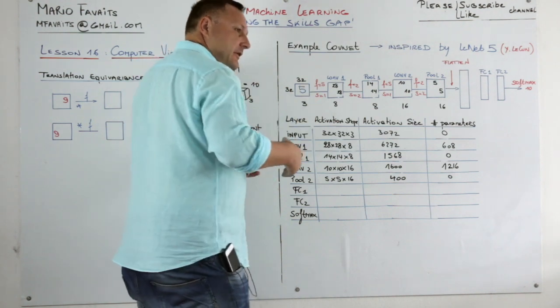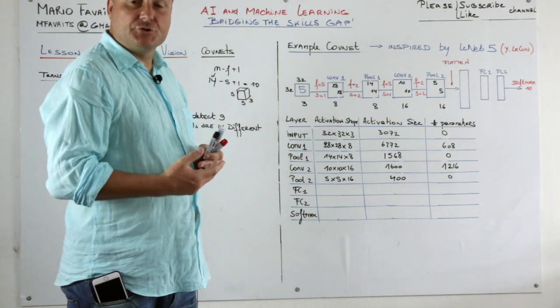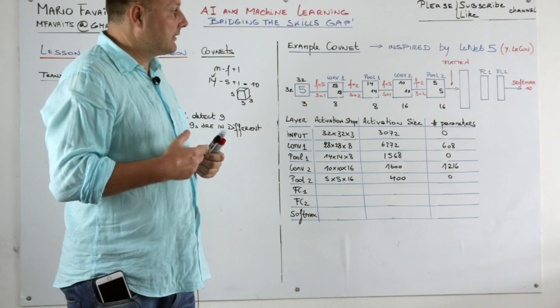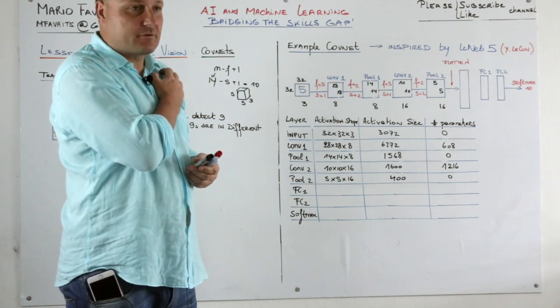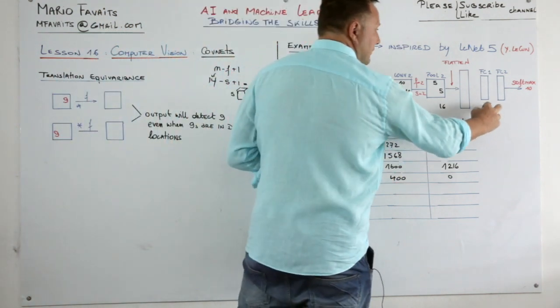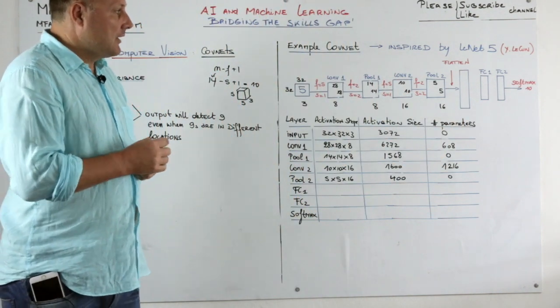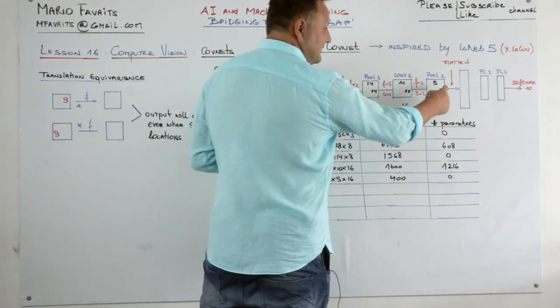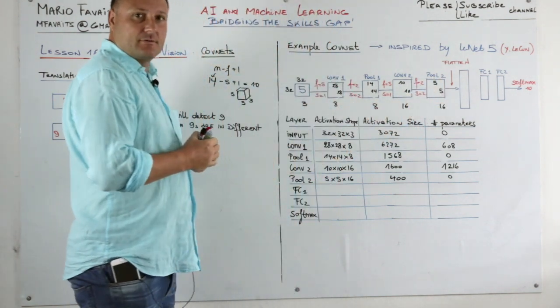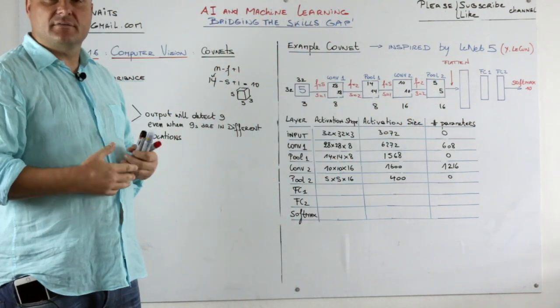And then of course we're gonna end the convolution process, and we're gonna go to fully connected layers. I have two fully connected layers here, FC1, FC2. But before we can do that, we need to flatten that picture. Now we can't keep it as a square.